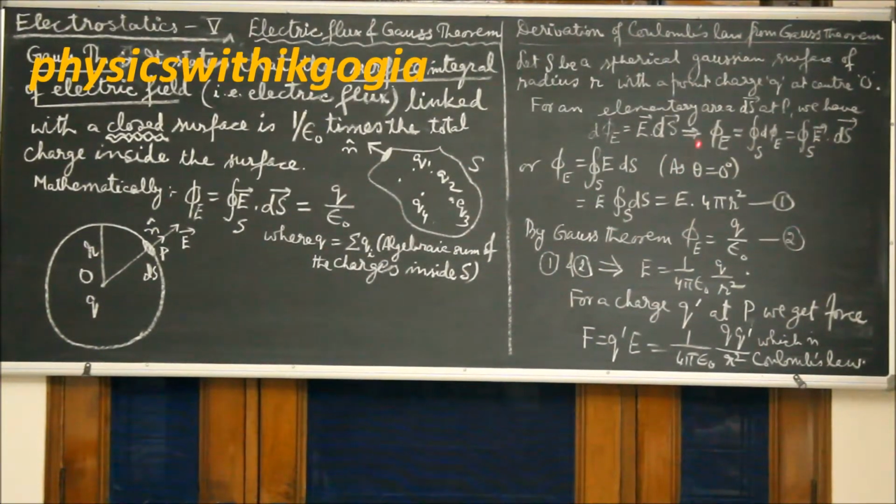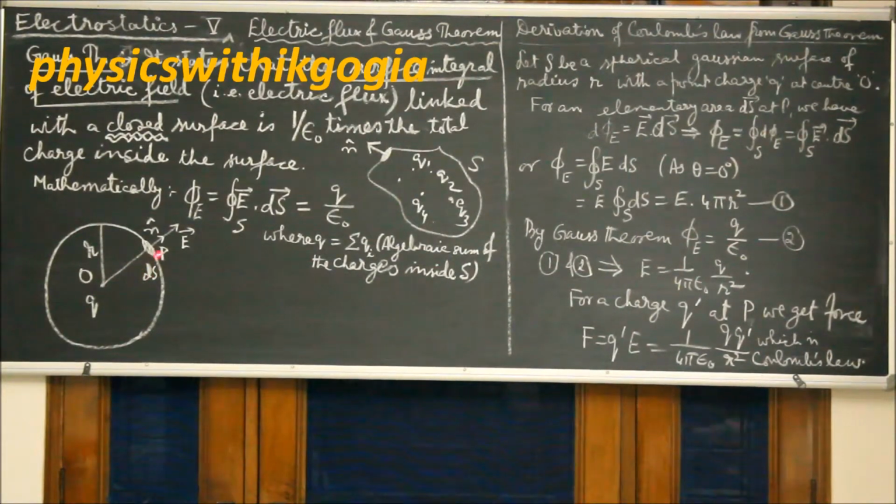Therefore, if you want to find the flux linked with the entire Gaussian surface, we can get it by integration of E dot dS. Now the integral of E dot dS can be written as E into dS, because theta is 0 degrees as stated earlier.